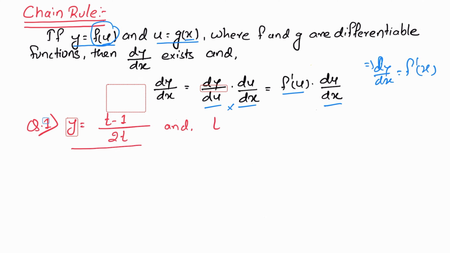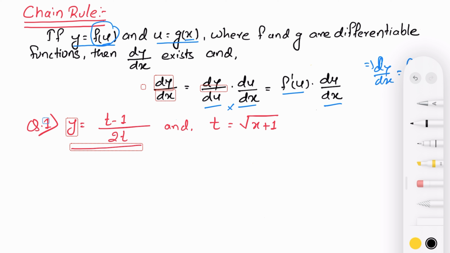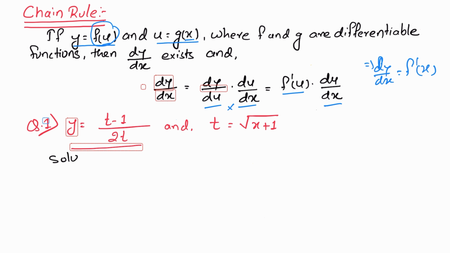Similarly, we have one more equation, that is t equals root under x plus 1, and t is a function in terms of x. So how will we apply the chain rule to solve this numerical? See here, I will write here the solution, and we are asked to find dy upon dx.